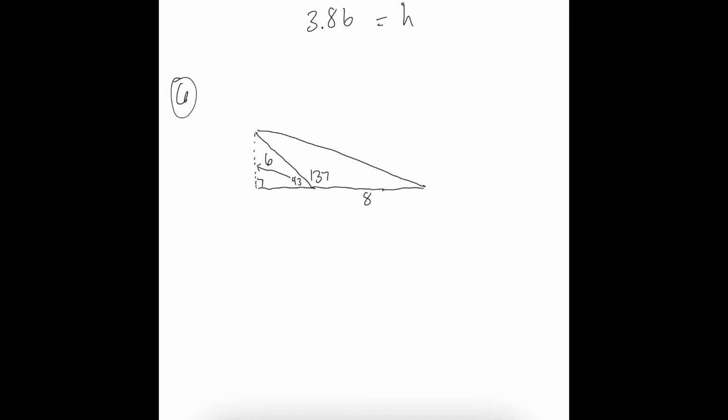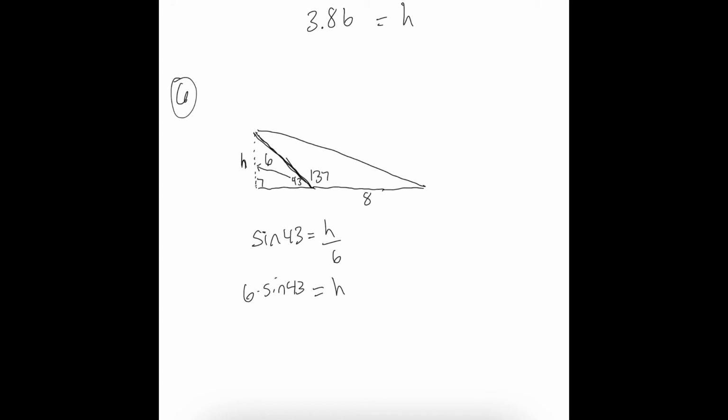So we have a right triangle. Theta is 43. We're finding the opposite side, or my height. The hypotenuse is 6 over here. So we'll do sine of 43 equals my height over 6. Cross multiplying, we get our height is equal to 6 times sine 43.